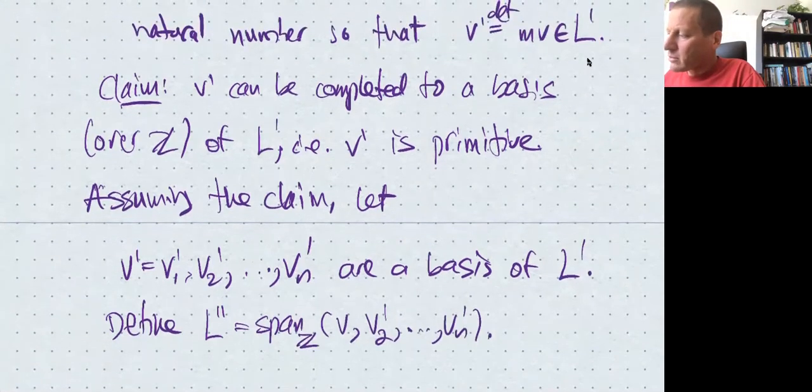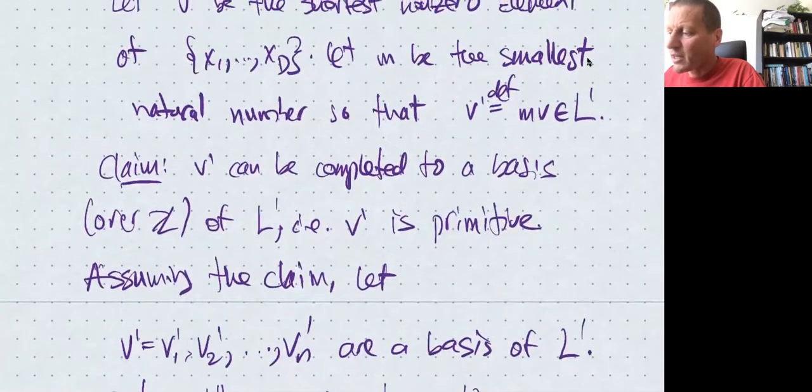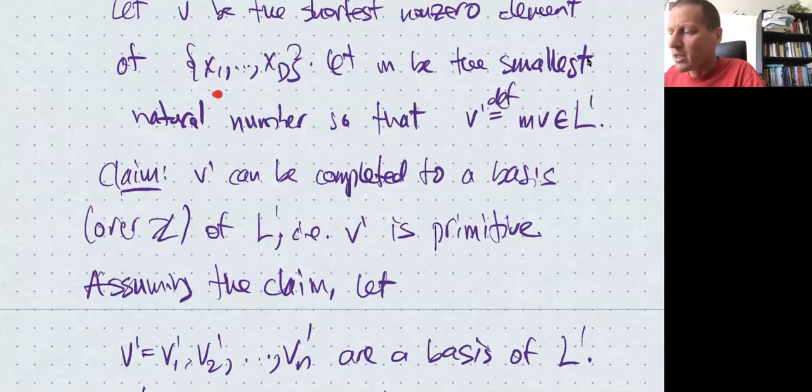So this is V prime. It's an element of L prime. V is not an element of L prime. V is a non-zero coset representative, so it represents a non-trivial coset in the quotient. So V is not in L prime, but I can multiply it by something and put myself inside L prime.